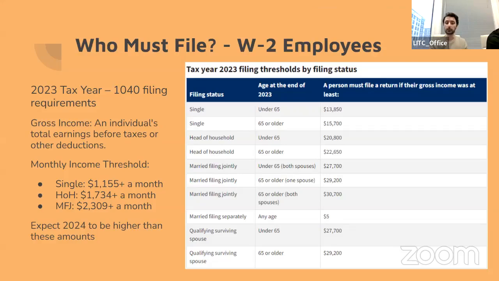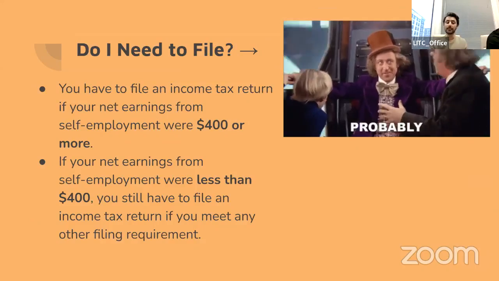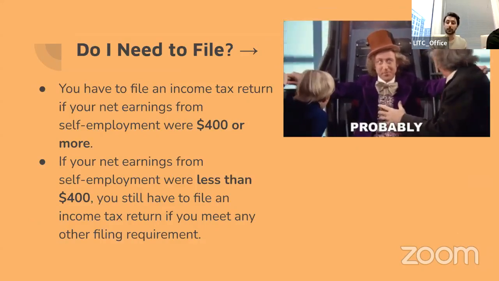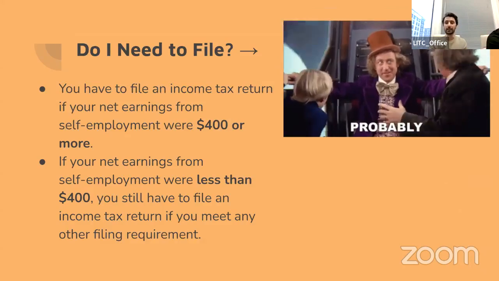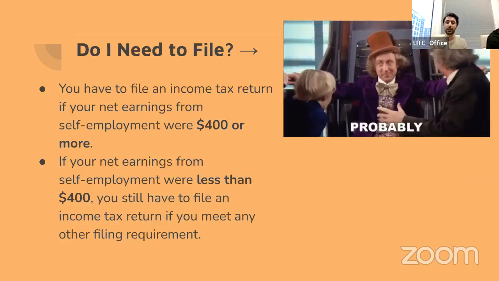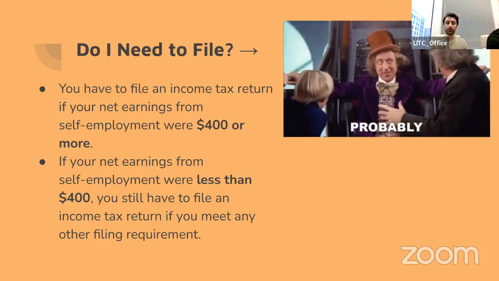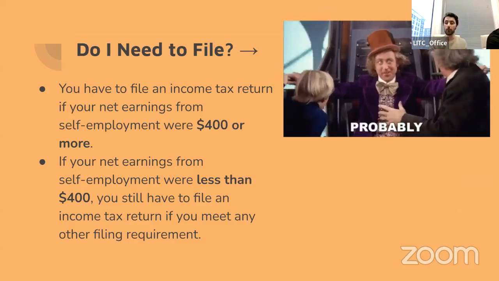It'll be slightly higher for 2024, but this is in contrast to a 1099 who, if you make at least $400 as an independent contractor, you need to file. So in all likelihood, you are going to be filing a return if you are an independent contractor. And even if you make less than $400, if for whatever reason you are required to, it's probably just a good idea.